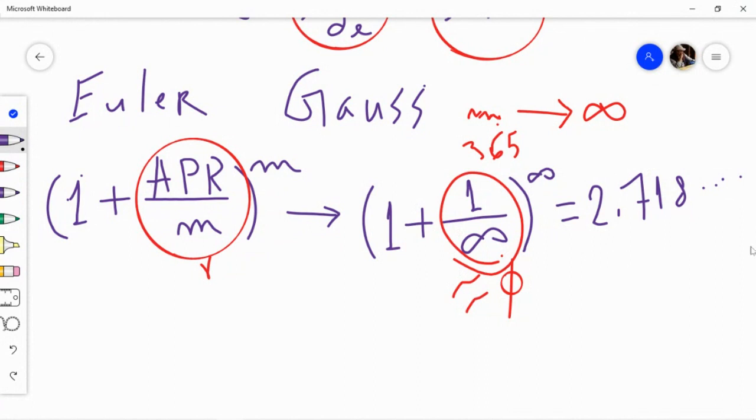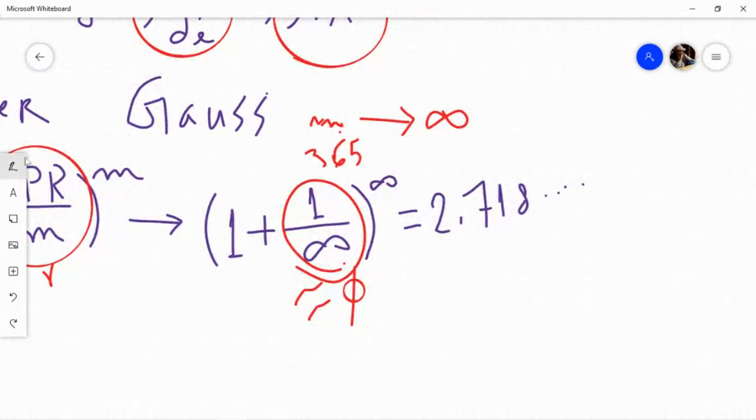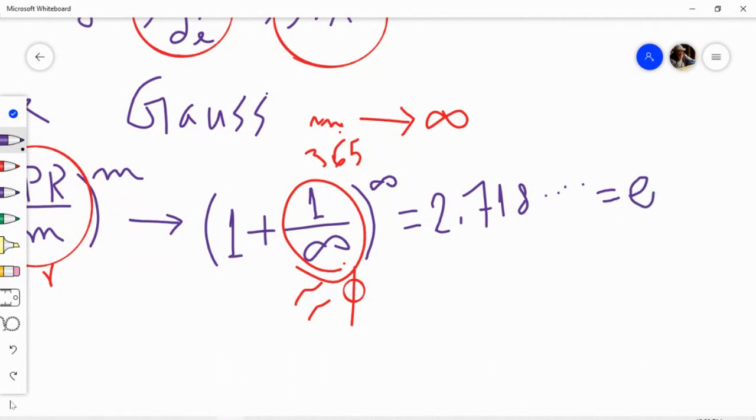So this is Euler's number, just like pi, and nobody uses Euler's number like this.